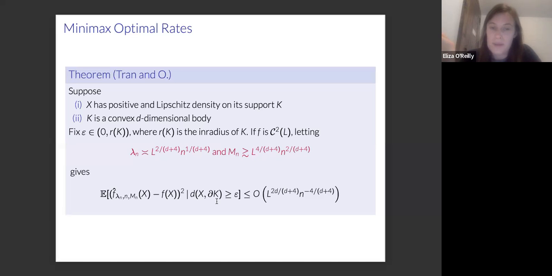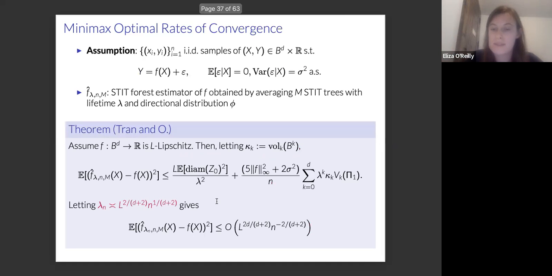Now, I wanted to reiterate that both of these results hold for any fixed directional distribution. The rates themselves don't depend on the directional distribution. But as is clear from the full upper bound here, the constants definitely do depend on the directional distribution, and could get arbitrarily bad.